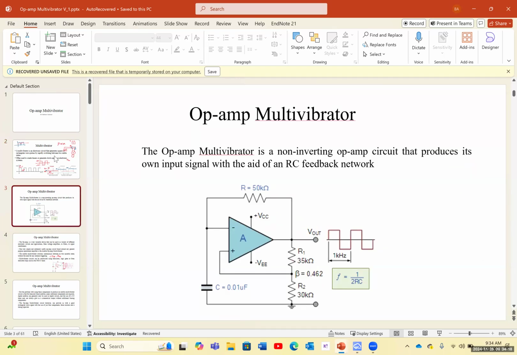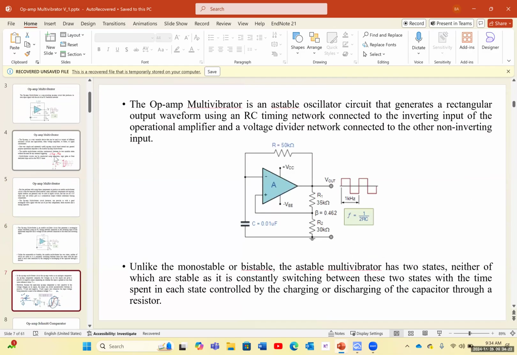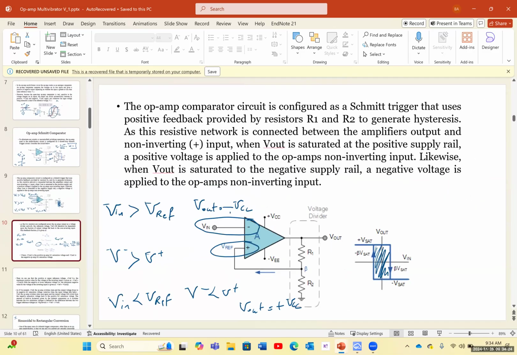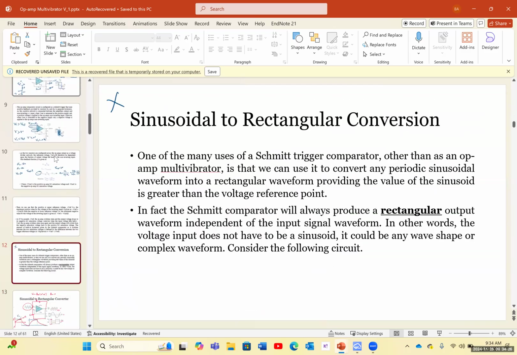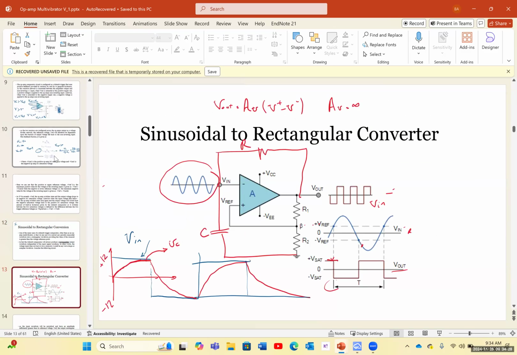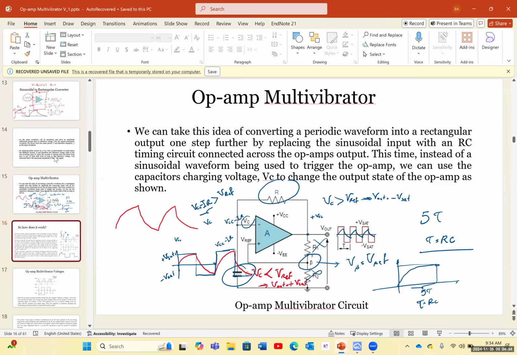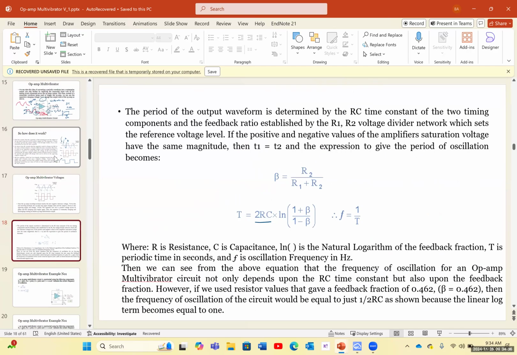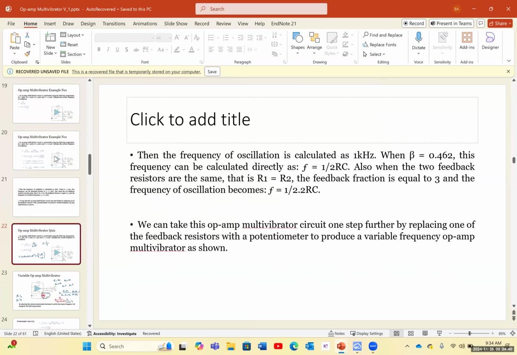It's an op-amp with feedback and an RC oscillator connected to it. We spoke about how we determine the frequency and how an op-amp multivibrator functions, and we solved a couple of practice problems as well.